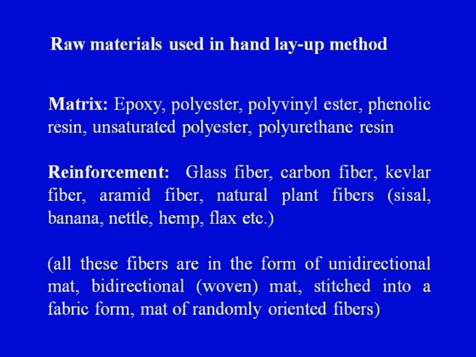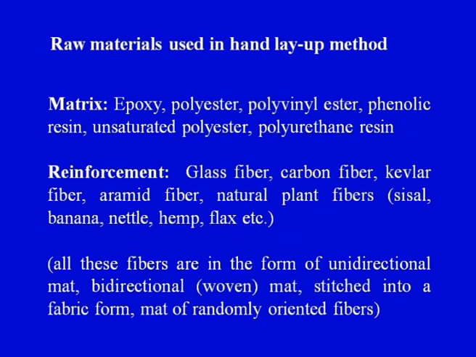Natural fibers are flax, hemp, and as on your screen you can see sisal fiber, while synthetic fibers can be carbon, graphite and Kevlar. Now all these fibers can be available in the form of unidirectional mat. They can be bidirectional or woven mats, or in the form of a cloth which would be used as a layer of reinforcement. And then we can have mat of randomly oriented fibers also.